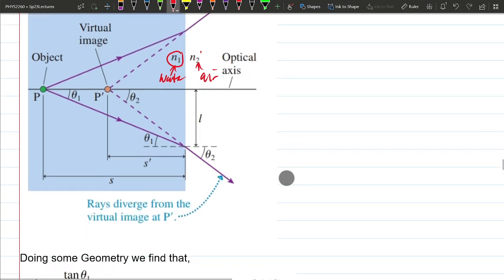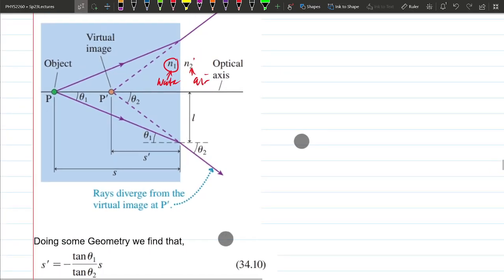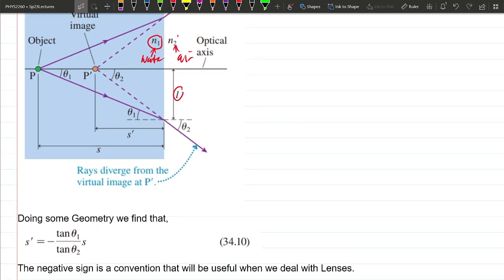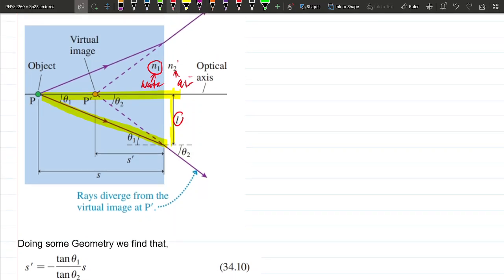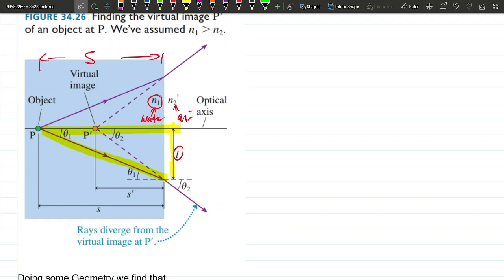You can go through some geometry, where this is the length L, so we're drawing triangles once again. I'm going to highlight this triangle, and this distance inside here, basically the actual depth of the object, how deep it is in the water, I'm going to call that S, because S sounds like fish.